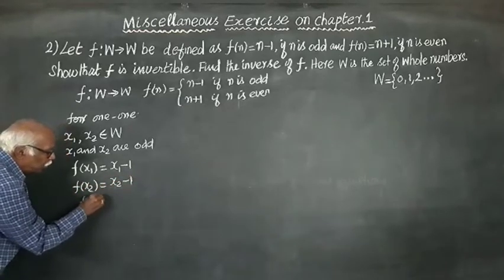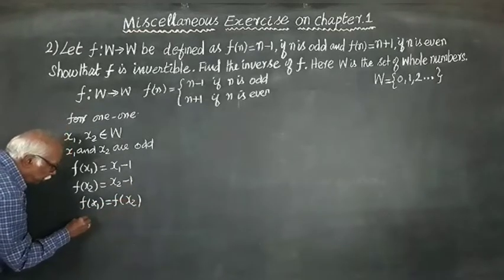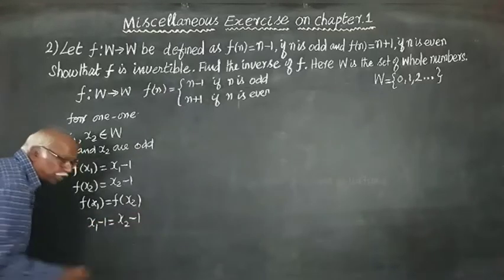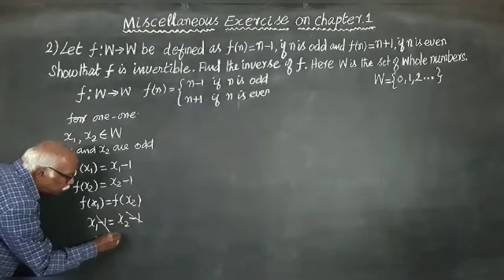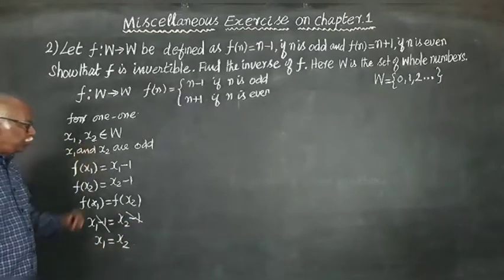Let f of x1 equal to f of x2. Therefore, x1 minus 1 equal to x2 minus 1. We can cancel minus 1, so x1 equal to x2.